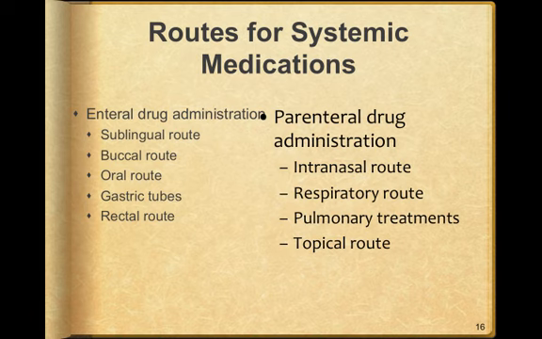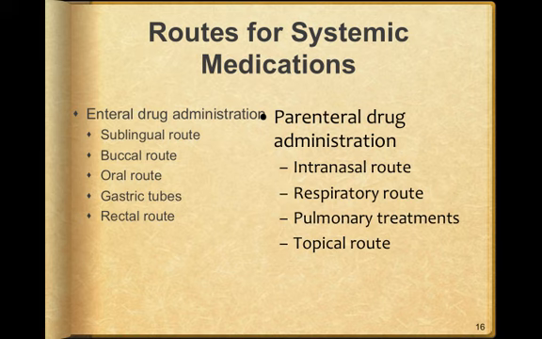Routes for systemic medications, enteral drug administration: sublingual route, which is under the tongue; buccal route, between the cheek and gum; oral route, which would be via pill; gastric tubes, crush up pills and introduce them via an NG or a gastric tube; percutaneous gastric tubes; and then the rectal route, which would be suppositories.